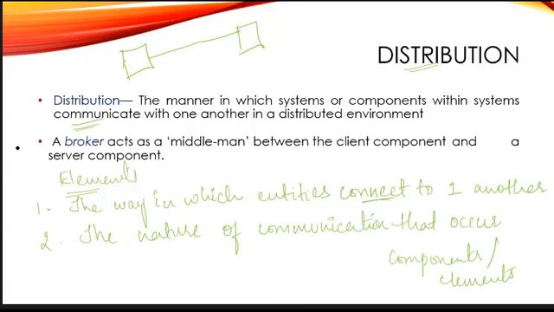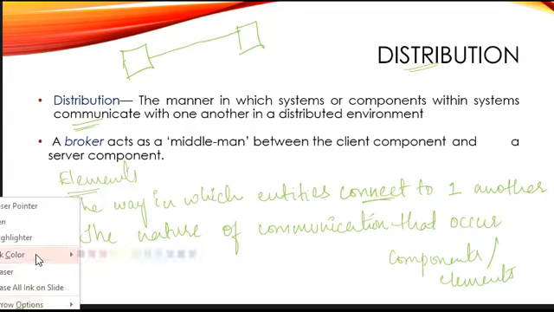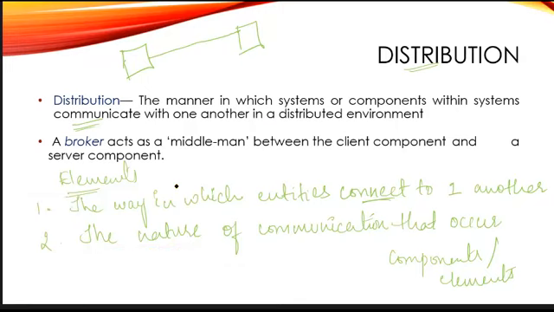Now, there's one common pattern that is used within distribution. That pattern is called the broker pattern. This is the most common pattern. The broker pattern acts as a middleman between the client component and the server component. If we take one as the client and the other as the server, the client sends a message to the broker. There is going to be a broker in between.